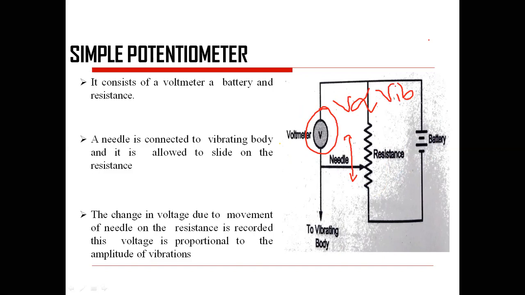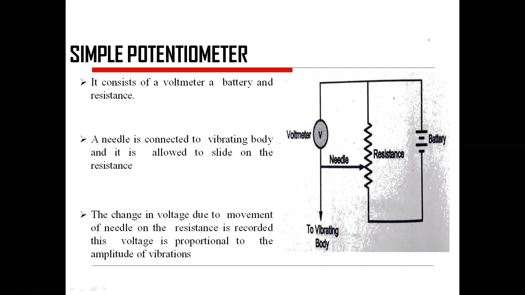Okay, so if vibration is more, movement will be more, and voltage variation will also be more. If vibration is less, at that time movement will be less, and you will get a proportional voltage. If vibration is null, this will stand at a particular position, and the resultant output will be zero across the voltmeter, or whatever output is expected, that will be the same.